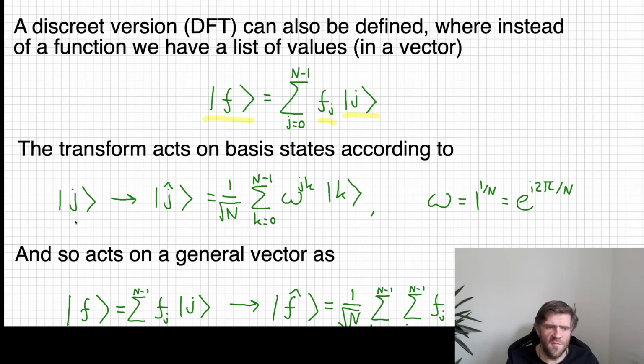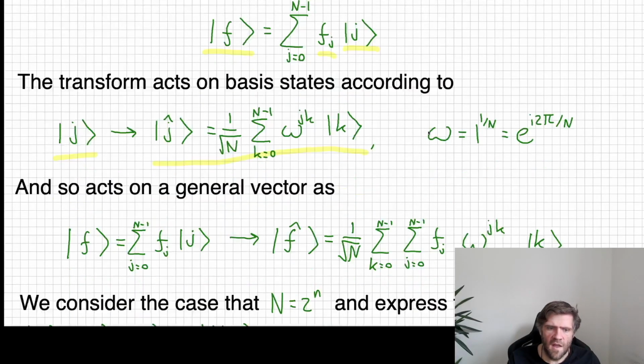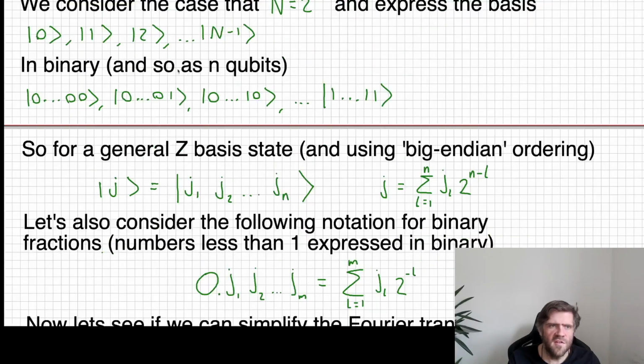And what the Fourier transform does is take any basis state j and transform it to, well, this. So what's going on here? Well, it will help us if we scroll down a little bit, because one thing we should note is that these j are numbers written in binary. So we could have 0, 1, 2, and N is the number of entries in our vector.